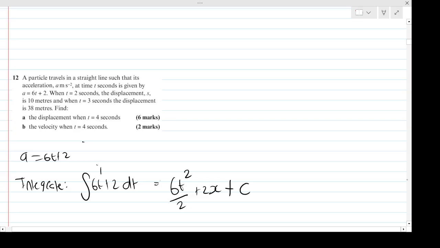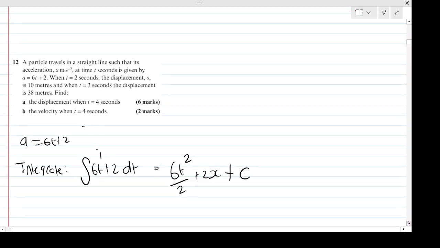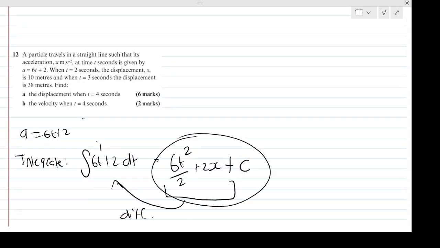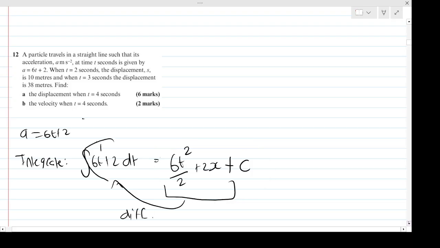Because then the idea is if we differentiate the expression we get after integrating, we should get back to the original equation, because they're opposites, right? Differentiation is the opposite of integration, so the plus c will go to 0. Hopefully you remember that.